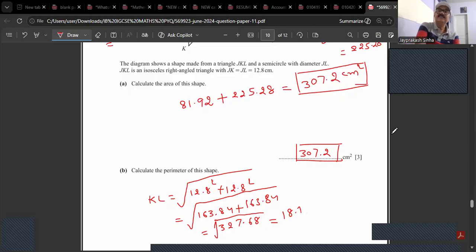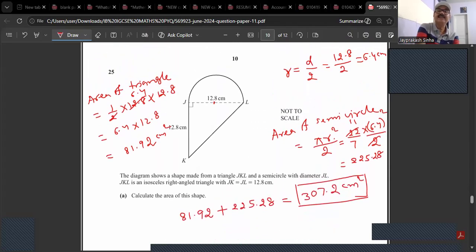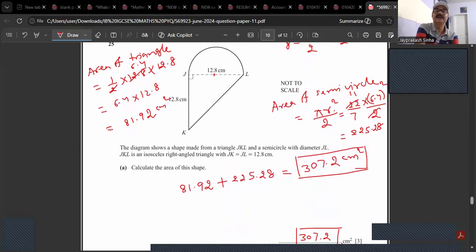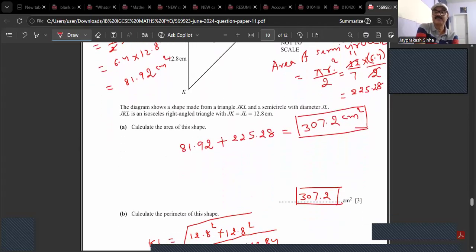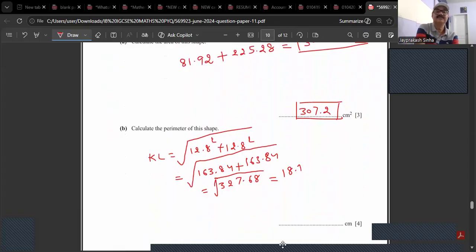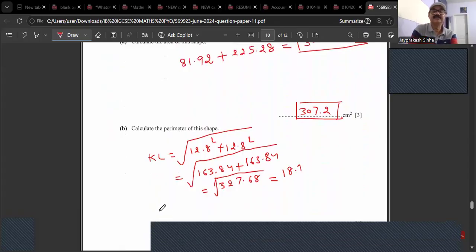And now we have to find the perimeter of the semicircle also. 2 pi r is the perimeter of the complete circle, and pi r is the perimeter of the half circle, means semicircle. So the perimeter of the semicircle is pi r.